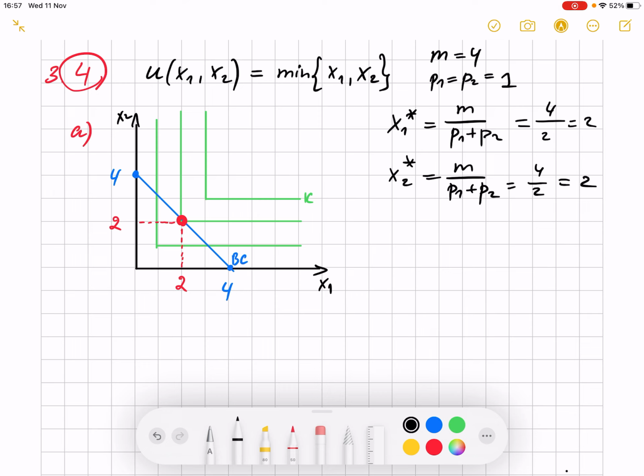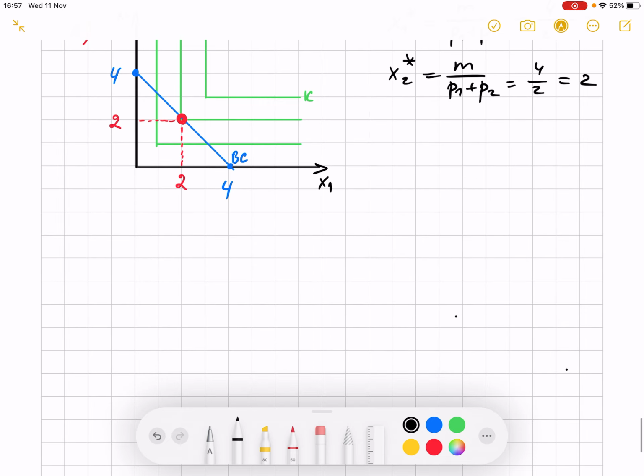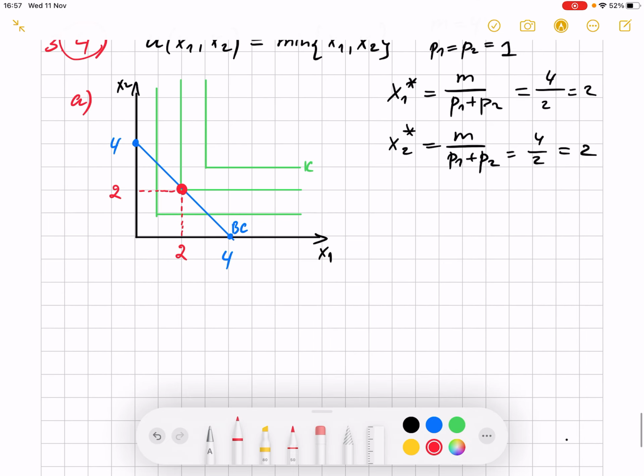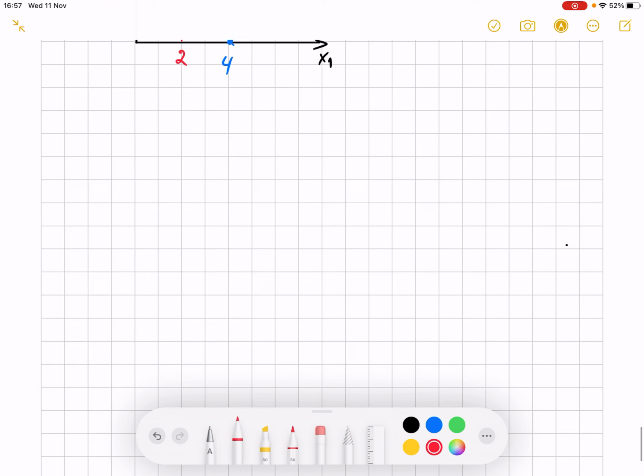Okay, so I partially solved point B, but now we are going to solve it assuming that you don't remember how the demand functions for perfect complements look like. So here you remember what we have to do. We have our utility function, again perfect complements, and we also have our budget constraint.